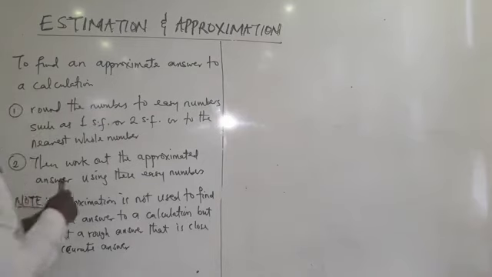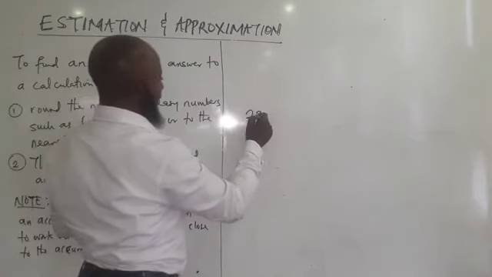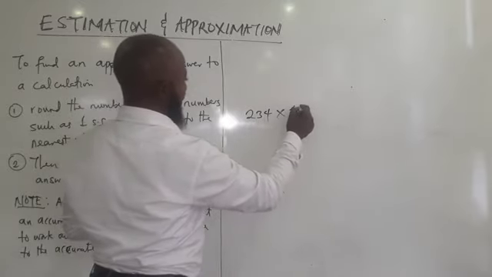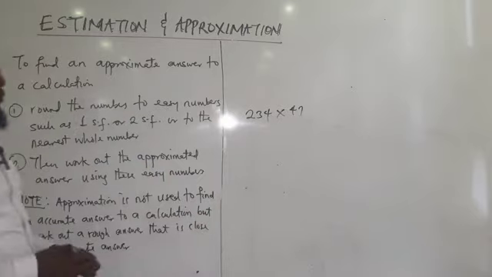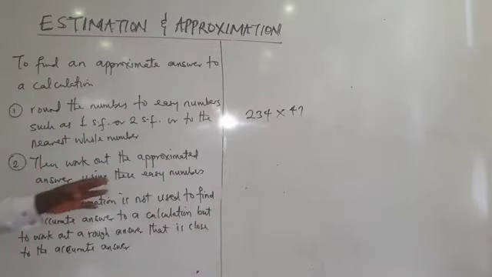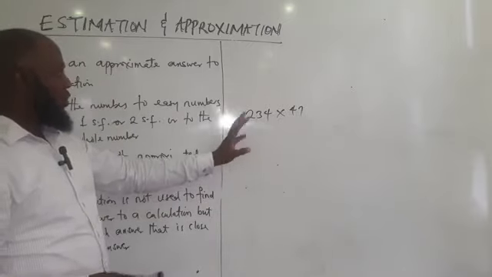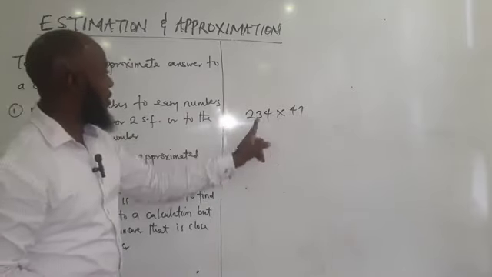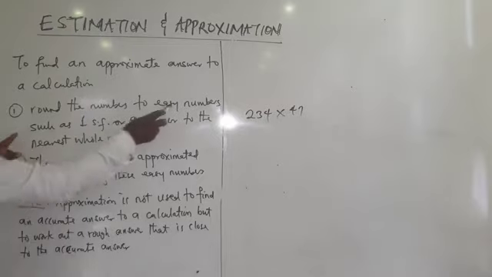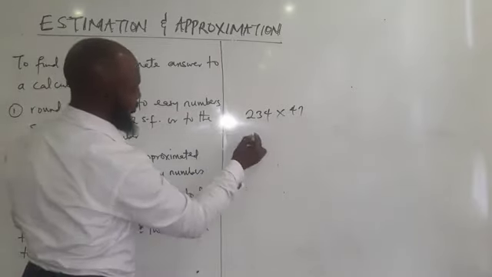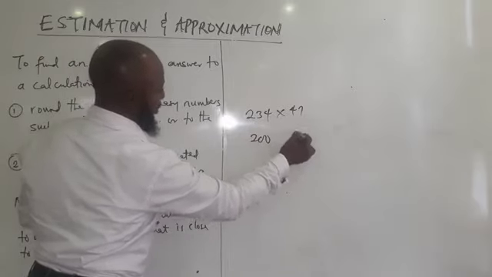For example, we have 234 multiplied by 47. We want to quickly approximate the answer here. You don't want to use a calculator, right? So you have to approximate these numbers to easy numbers. So what are the easy numbers? This one could be 200, and this one could be 50.